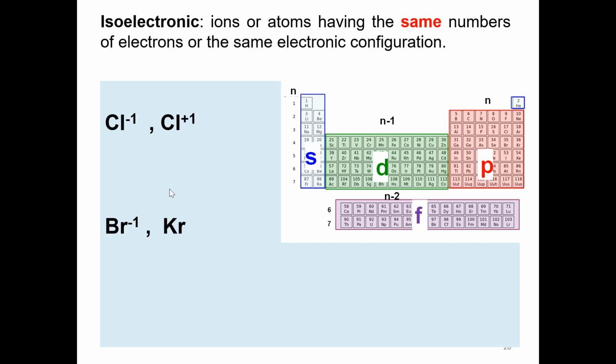Then let's see how many electrons are in the neutral chlorine. If the chlorine is neutral, then it has 17 electrons. But if chlorine gains one electron, because in this case it's -1, then the number of electrons for this ion will be 17 plus 1, which is 18 electrons.